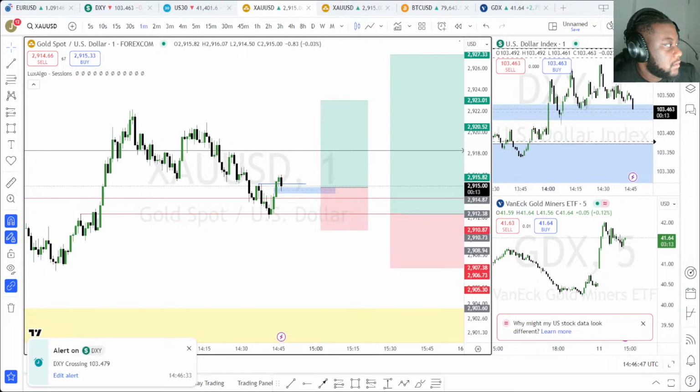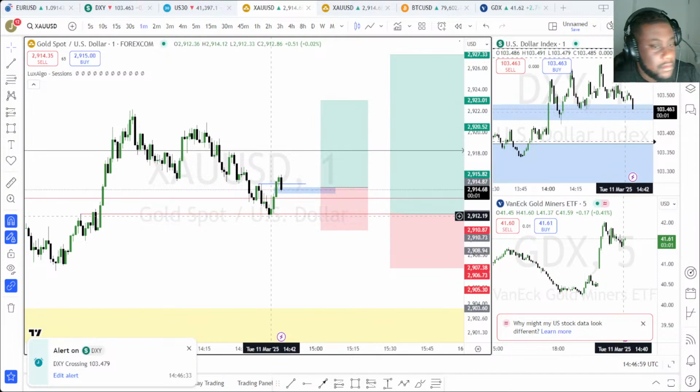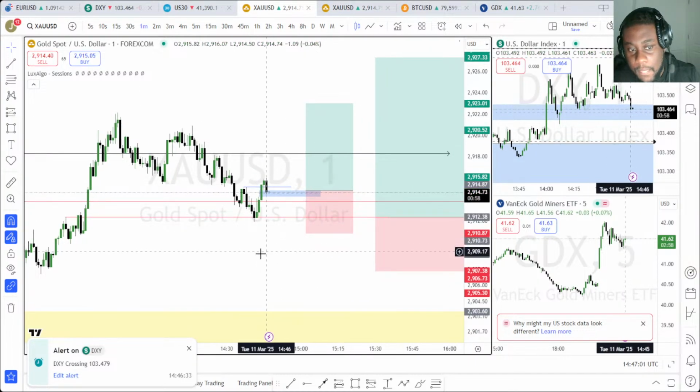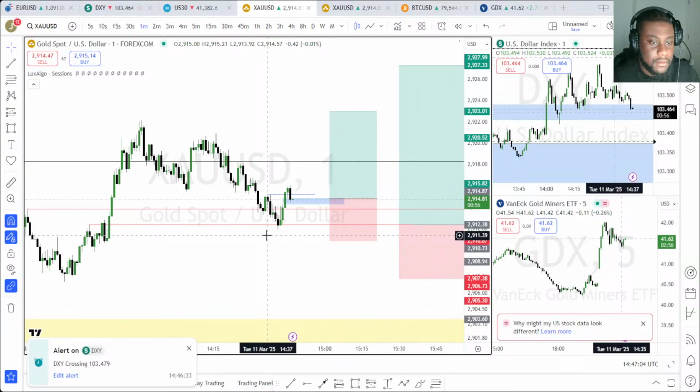Alrighty. Give this just about 40 pips. See if this can go for the highs, which is around here. What's this?